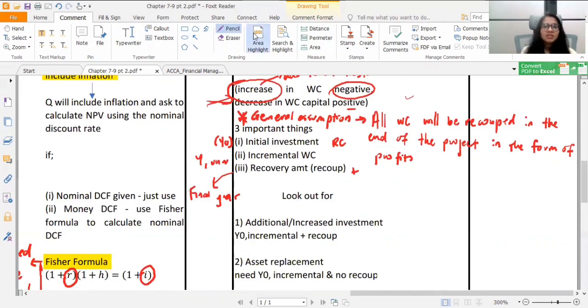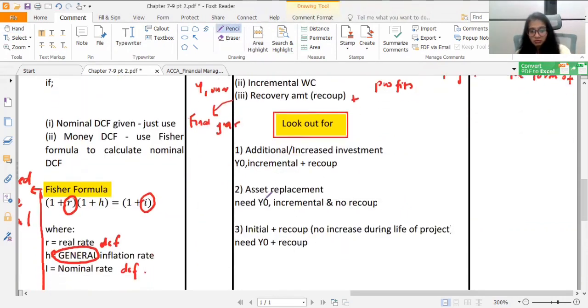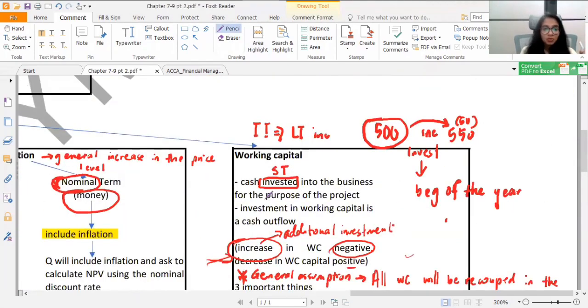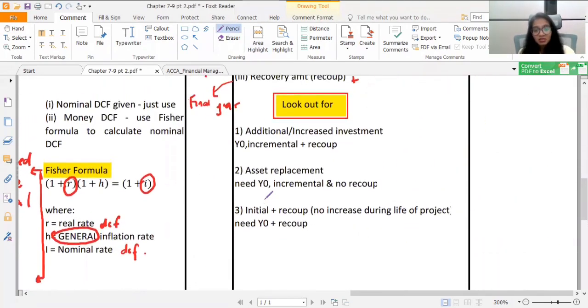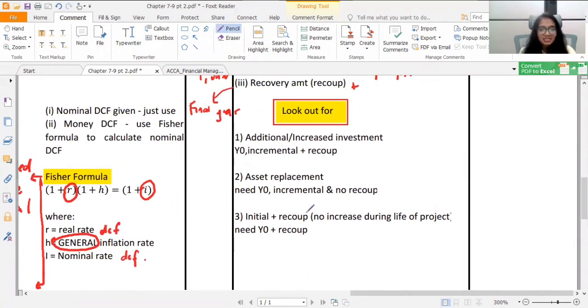Now, please be aware that your examiner might trick you, right? I know that I said the examiner will ask you to calculate the working capital, right? And there will be incremental working capital and recoup. But I just want to remind you that there will be a circumstance where the examiner has no recoup in his answer.